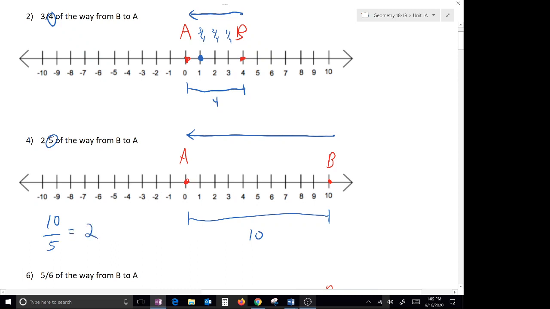So if I start dividing that, going every 2 units, and starting this time from B, going left, 1/5 would be at 8, 2/5 would be at 6, 3/5 would be at 4, 4/5 would be at 2. So I'm looking at 2/5 of the way. The point I want is 6. 6 would be my answer.